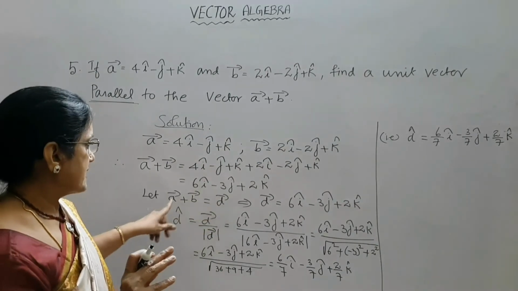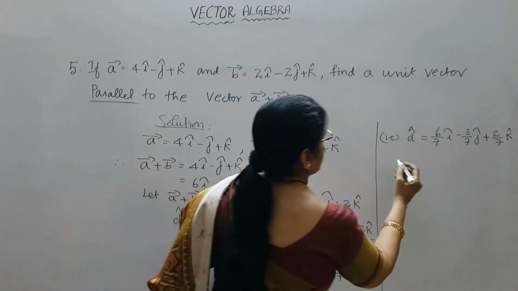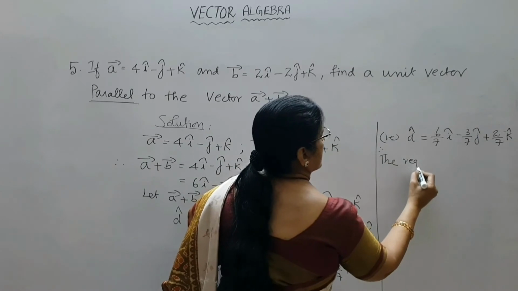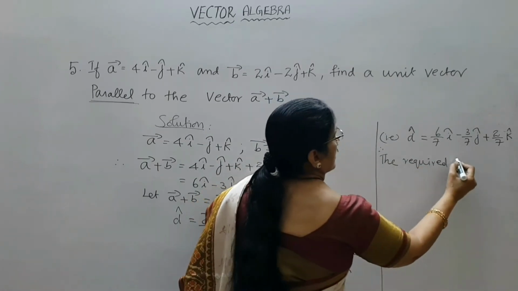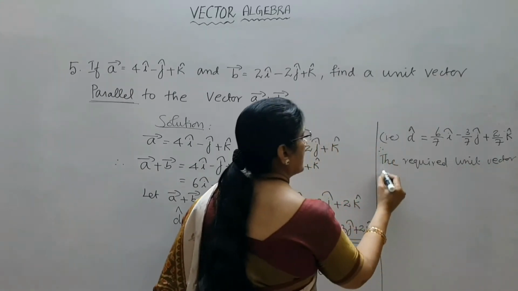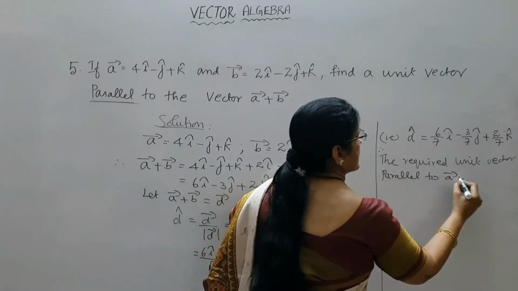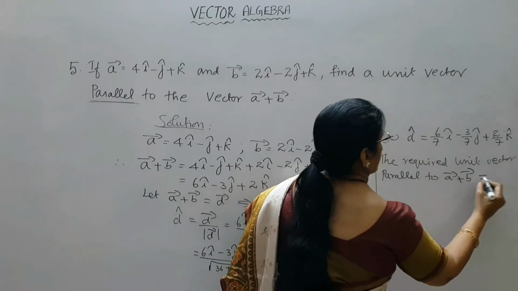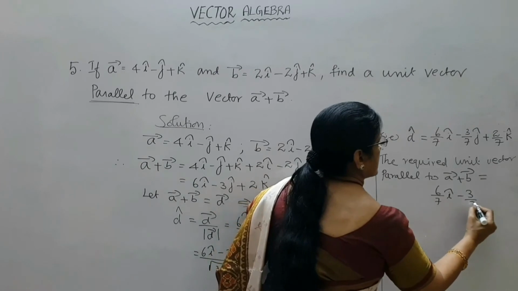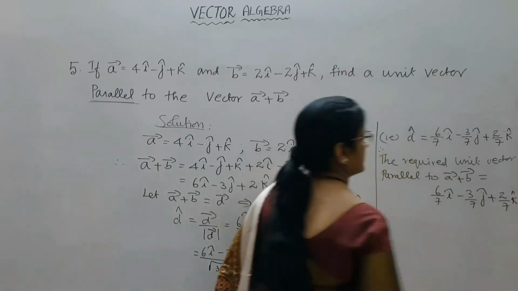But d vector is nothing but a vector plus b vector. So you need to finally write, therefore the required unit vector parallel to a vector plus b vector is equal to 6 by 7 i cap minus 3 by 7 j cap plus 2 by 7 k cap.